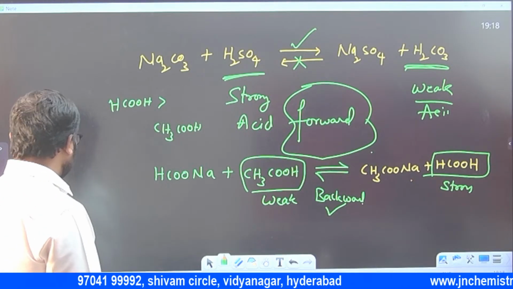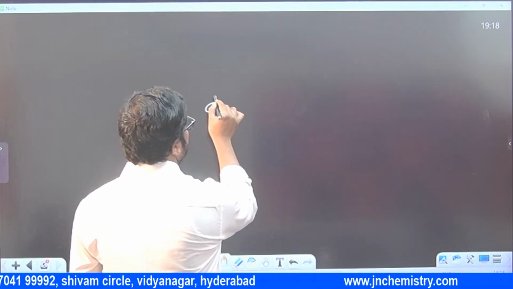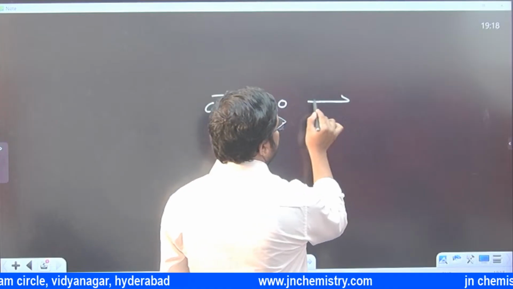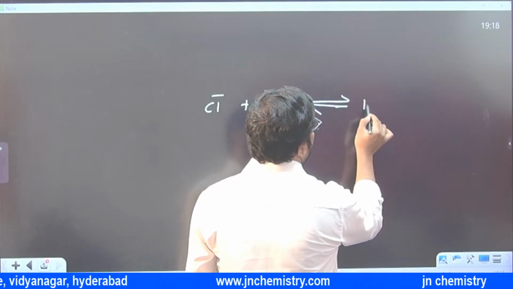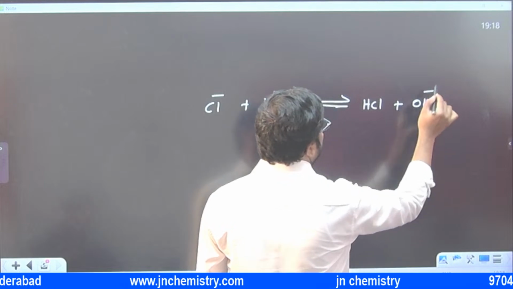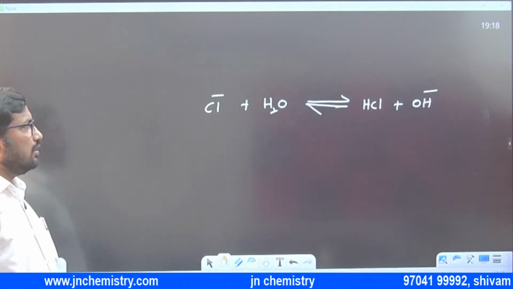Right, one more reaction: Cl minus plus H2O gives rise to HCl plus OH minus. So very, very important, a 5-star one.